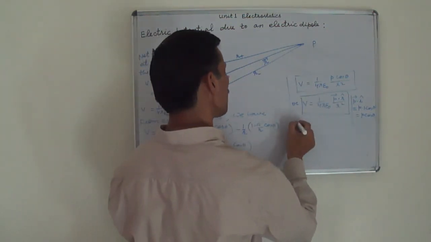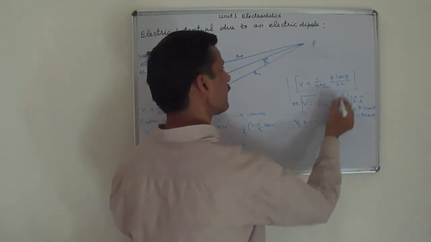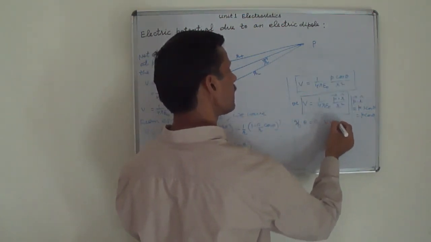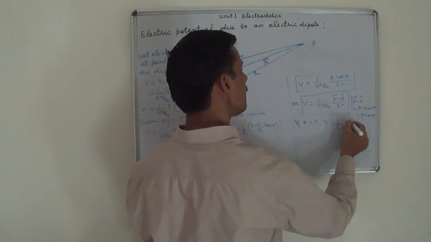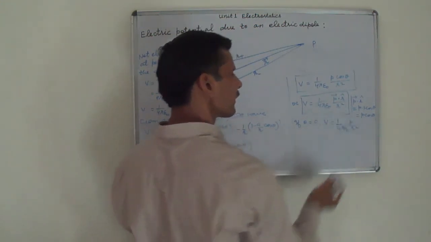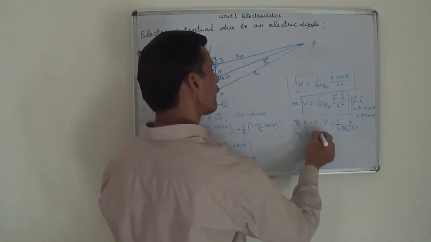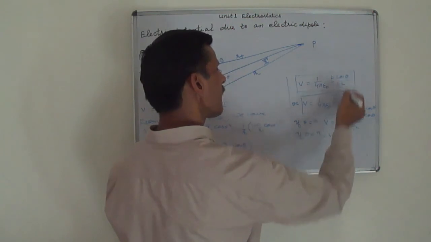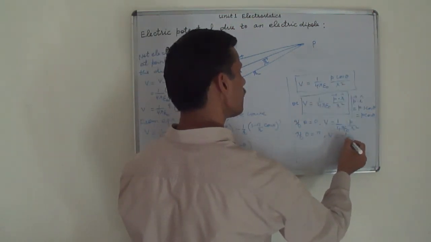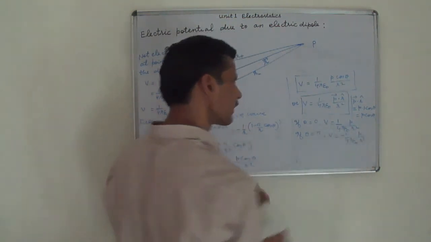And again you can see, if theta is equal to 0 radian, cos 0 is 1, then V is equal to 1 upon 4 pi epsilon naught, p upon r square. If theta is equal to pi, cos pi is minus 1, so V is equal to minus 1 upon 4 pi epsilon naught, p upon r square.